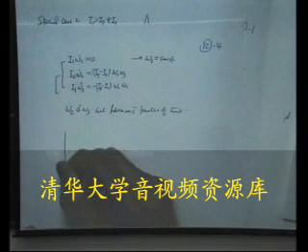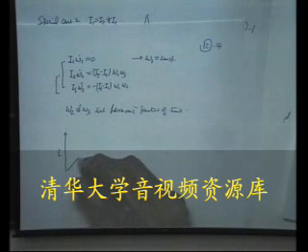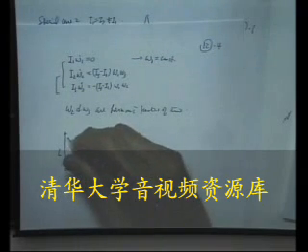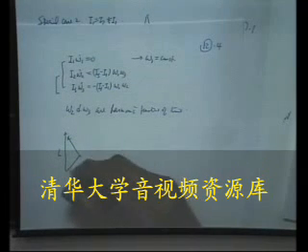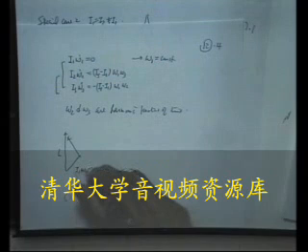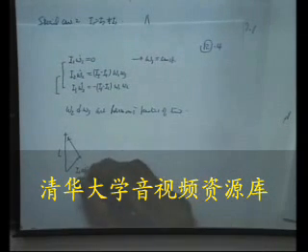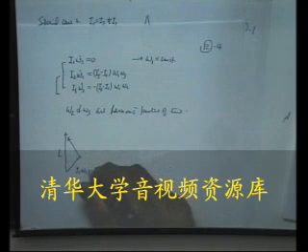So what happens is that there is a total angular momentum L. L has an E1 component, E2 component, E3 component. The E1 component is I1 omega 1 E1.